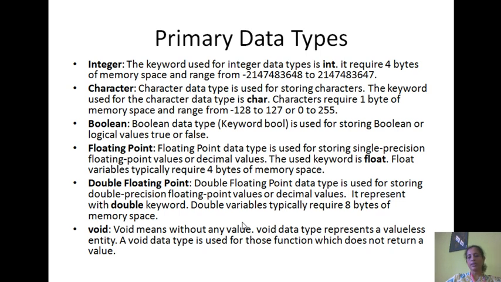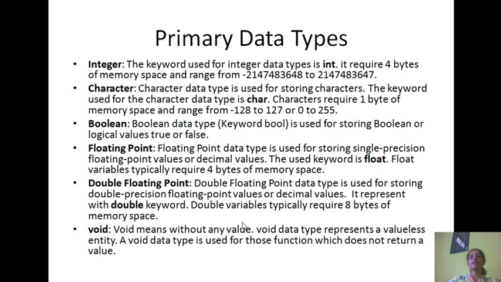The keyword used for floating point is float. It requires 4 bytes of memory space. So when a variable is declared with the float data type, we can store a numerical value with the precision point or decimal values, and it occupies 4 bytes of memory space from the computer memory.